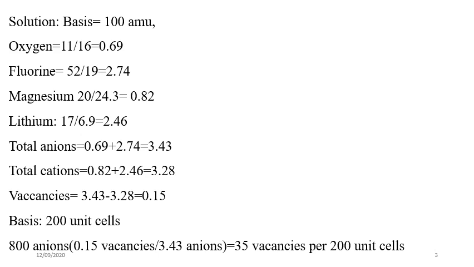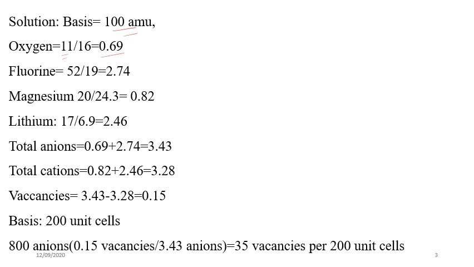Here we will assume a basis of 100 AMU. So on that basis, the mass of oxygen ion is 11 AMU. If you divide the mass of oxygen in that solid solution, 11 AMU, by 16, that gives 0.69 oxygen ions in that compound.